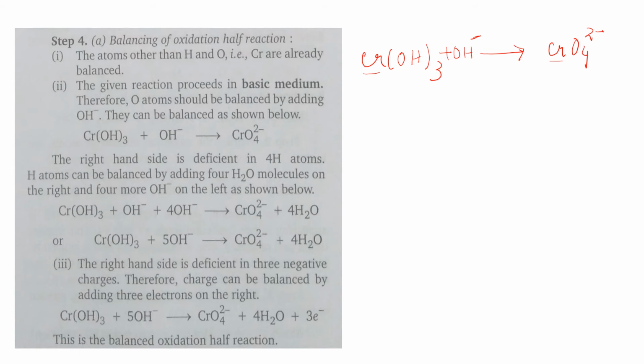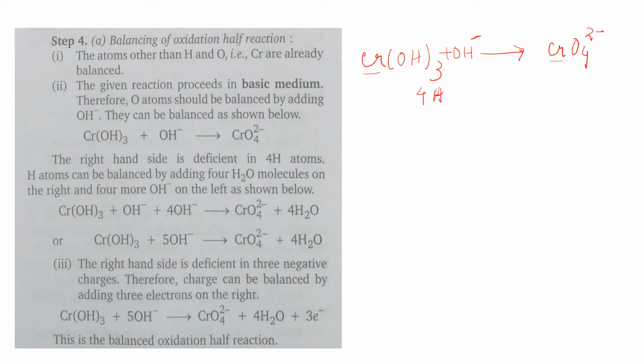If the hydrogen is less, then we have to add that many H2O molecules in the side where hydrogen is deficient. Here in the left hand side we have 3 and 1, so 4 hydrogen atoms, but in the right hand side we have no hydrogen atom.